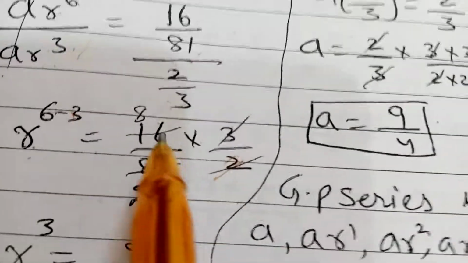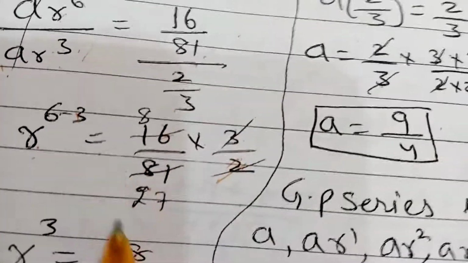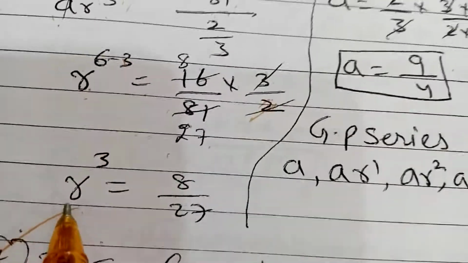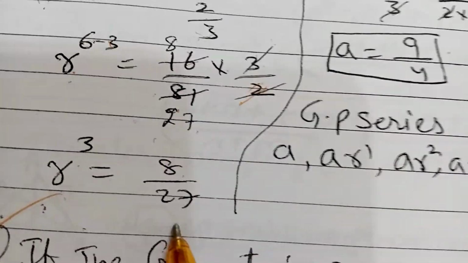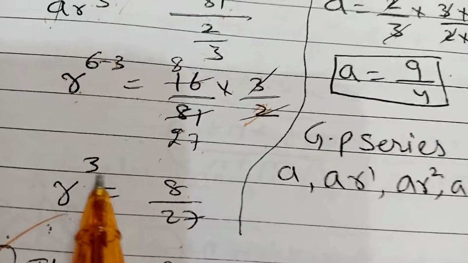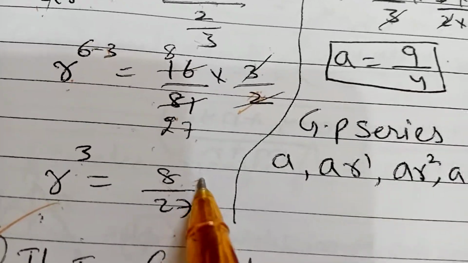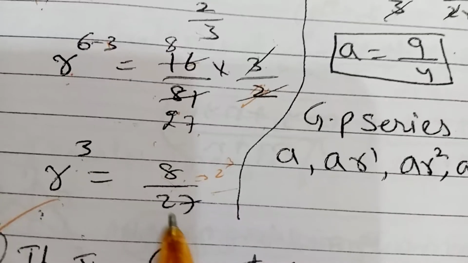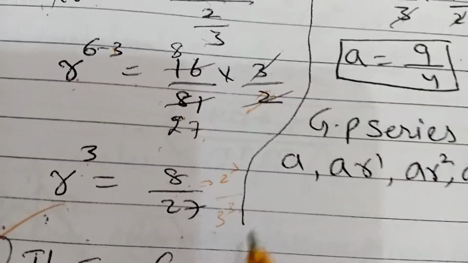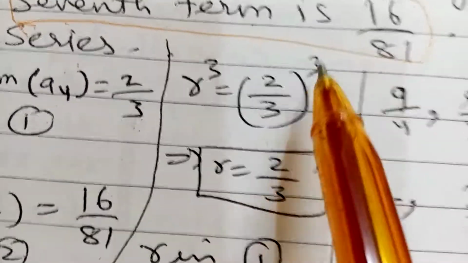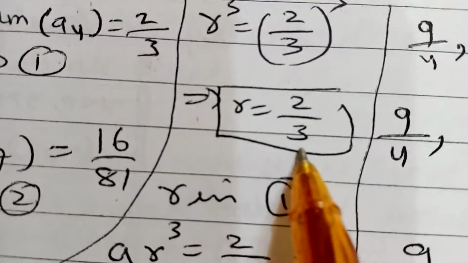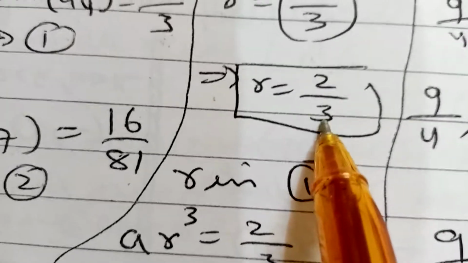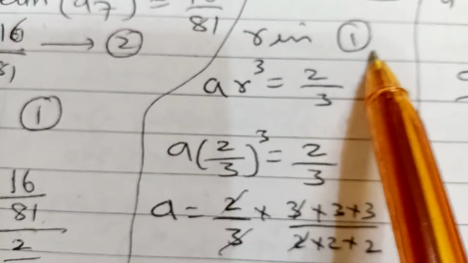Simplification: 2 ones are 2, 2 eights are 16. 3 ones are 3, 3 27s are 81. Here r^3 is equal to 8 by 27. So this 8, since 3 is there, I can write as 2^3, and 27 I can write as 3^3. So r^3 means (2 by 3)^3. This implies the 3 cancels, r is equal to 2 by 3. We got the r value. Now substitute r in the first equation.